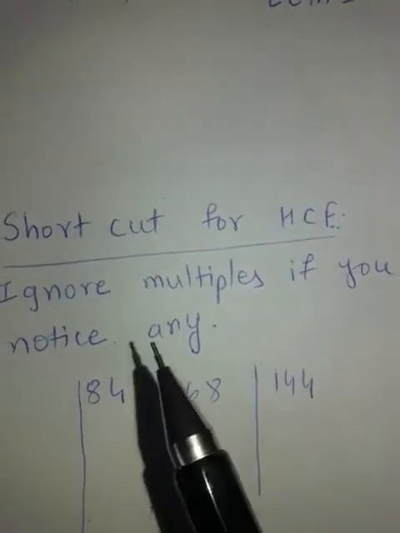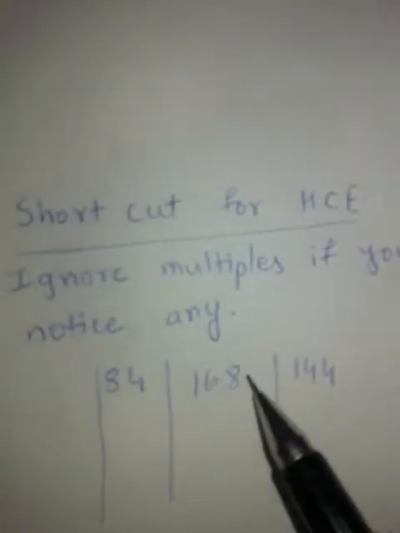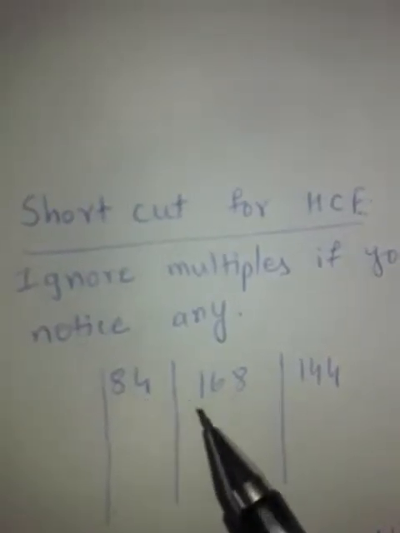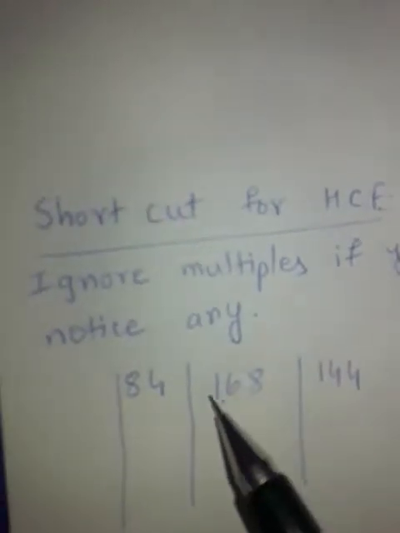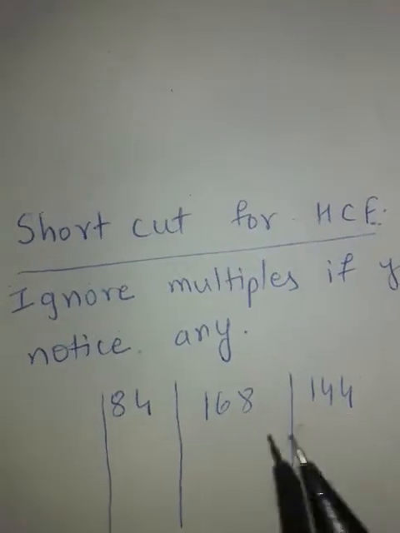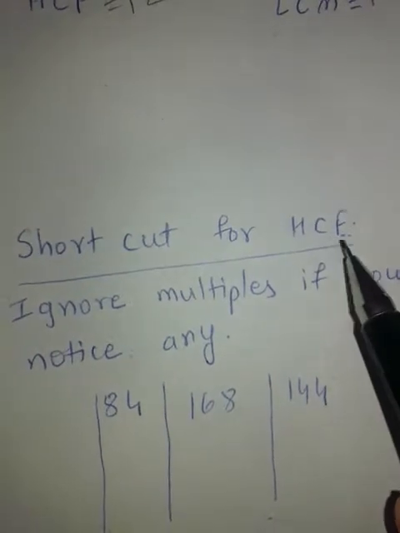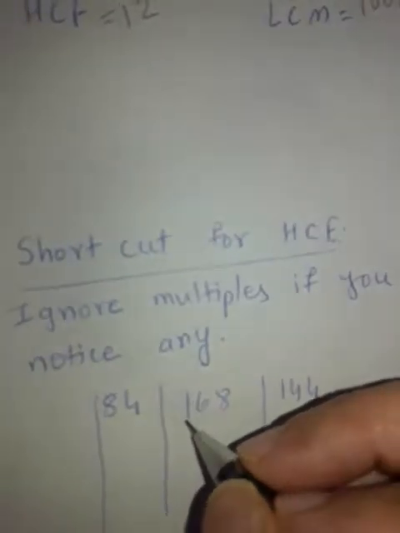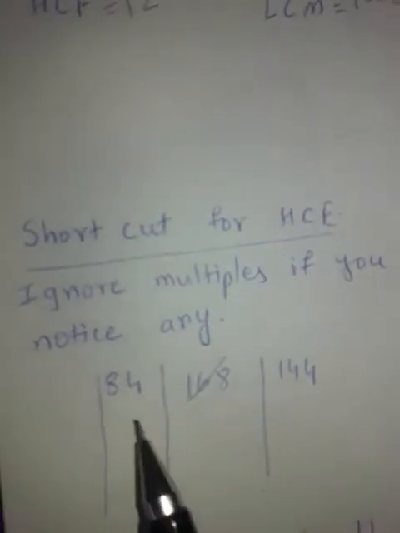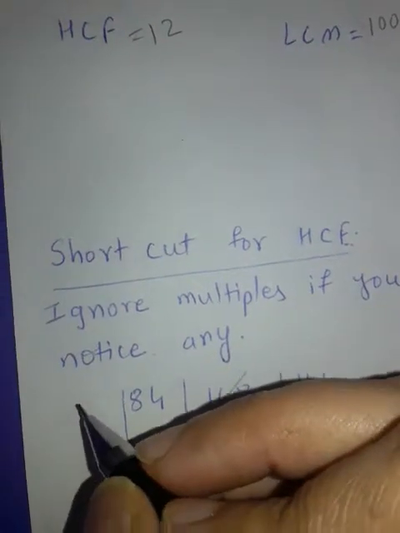Here I notice a multiple: 4 2s are 8, 8 2s are 16, that means 168 is 84 multiplied by 2. 84 multiplied by 2 is 168, that means 168 is a multiple of 84. 144 is not a multiple here, but 168 is, and they say if you want to find HCF, straight away ignore the multiple. So right now I am going to ignore it. Now I am left with only two numbers, 84 and 144. Between them 12 is a common factor.